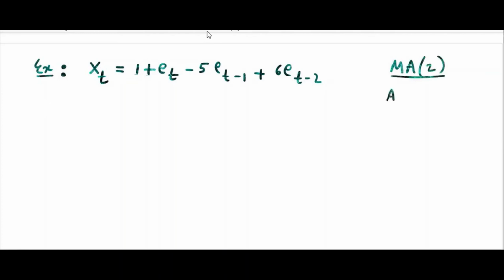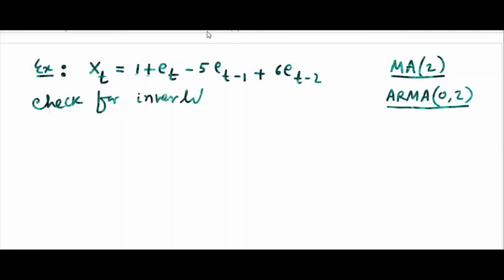If you want to classify it as ARMA, you can write ARMA 0,2. So ARMA 0,2 and MA2 are the same. There is no AR part here. So you can check for invertibility. This is always stationary. I can write: check for invertibility, whether this process is invertible or not.